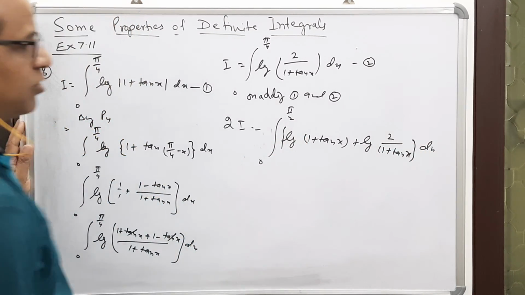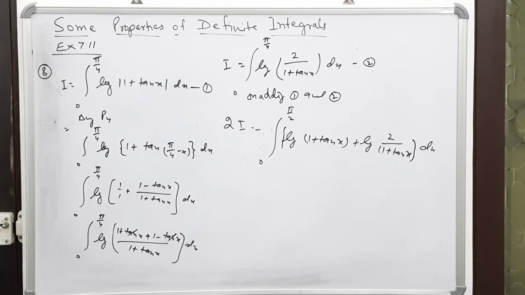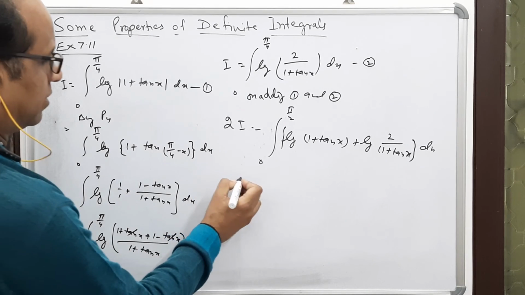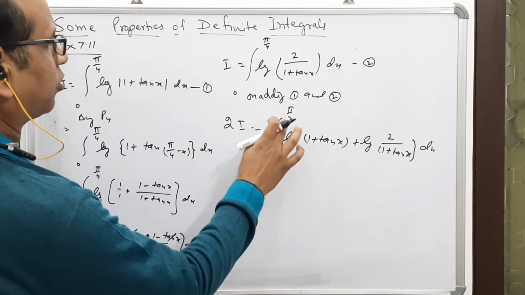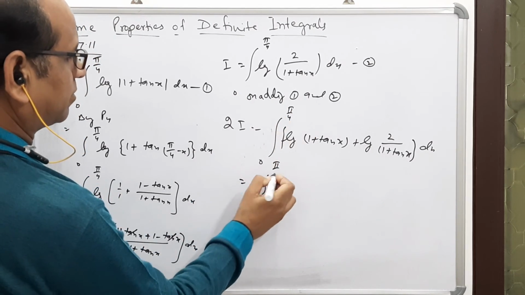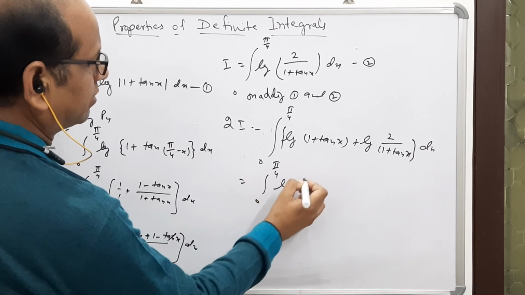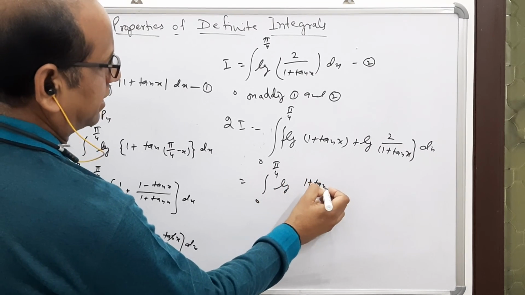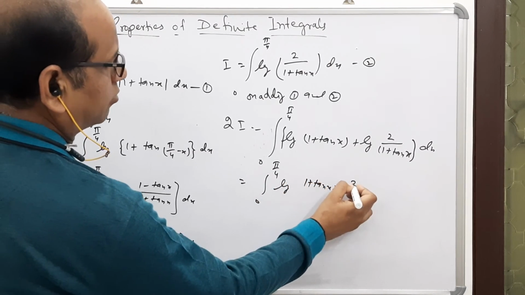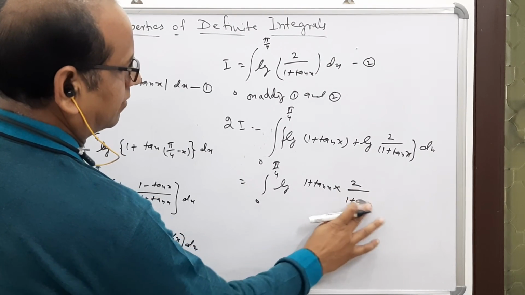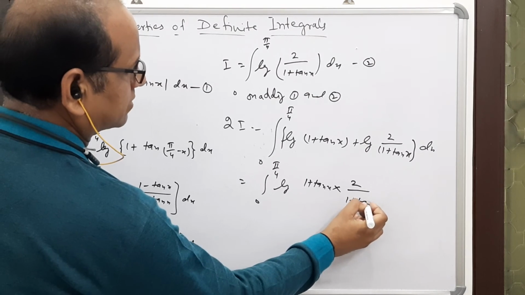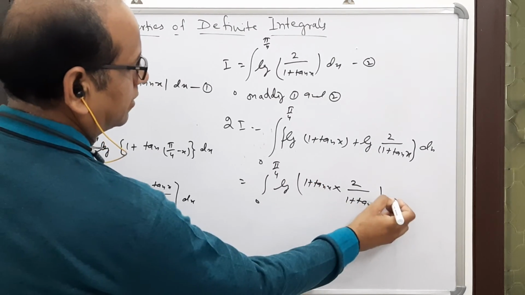Please see this step. I am not in a hurry. You know the property of the log, and by the property of the log it is 0 to pi by 4 log of (1 plus tan x) and this plus will convert into multiply, 2 upon (1 plus tan x) dx.